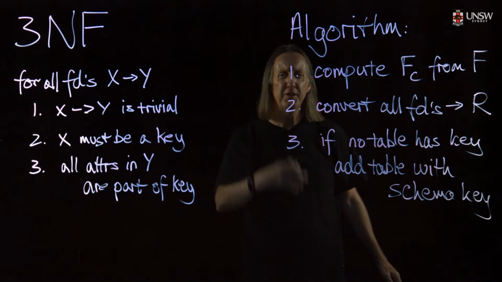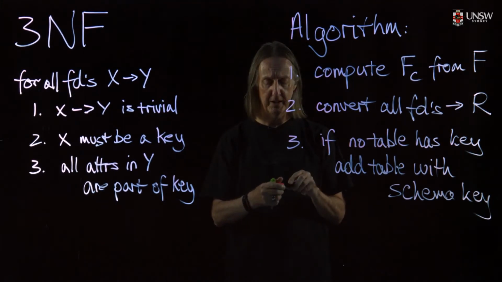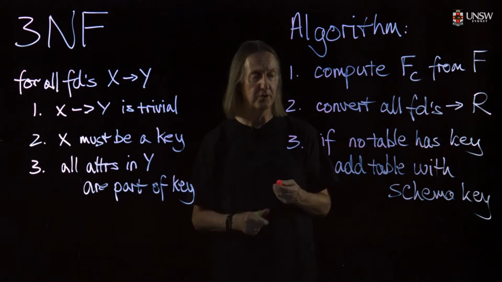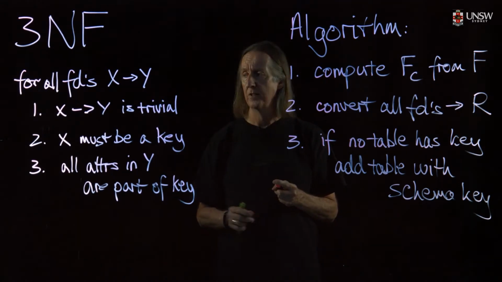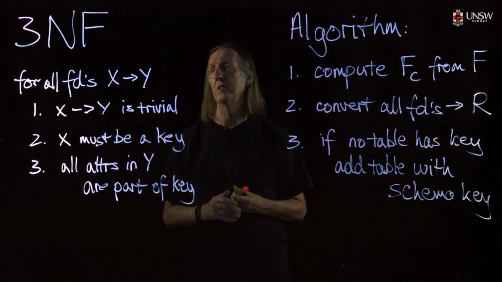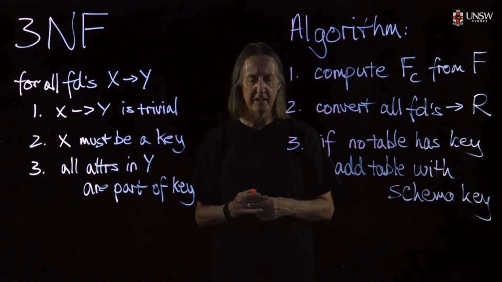So the last two steps are not actually that difficult. The first step of computing the minimal cover, as we saw in the other video, is a little bit more complicated. So that's the property of a 3NF schema. That's the algorithm to get there.